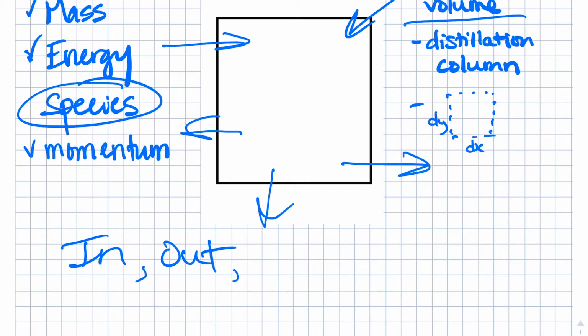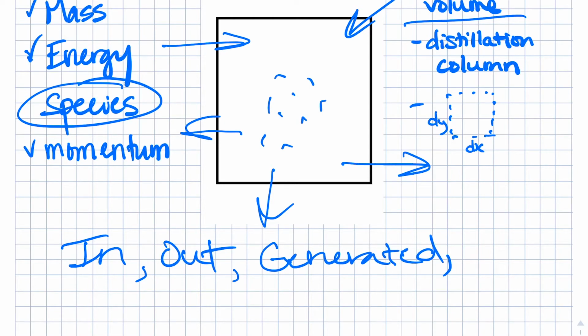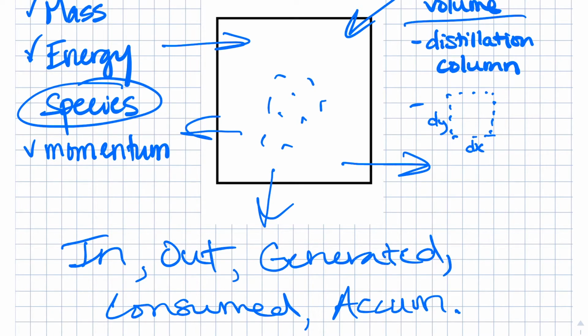We could also have stuff being generated inside, right? Or consumed inside. So I could have stuff that's been inside of this control volume that's maybe reacting away. And finally, you can have stuff that's just accumulating over time inside of the control volume itself.